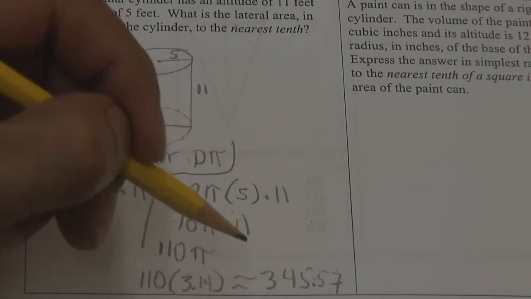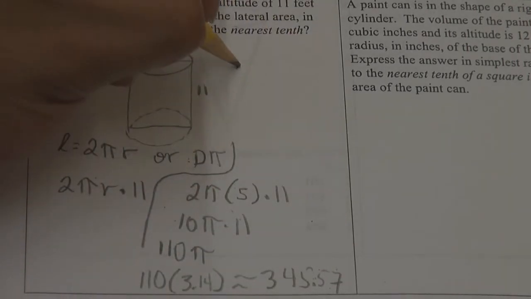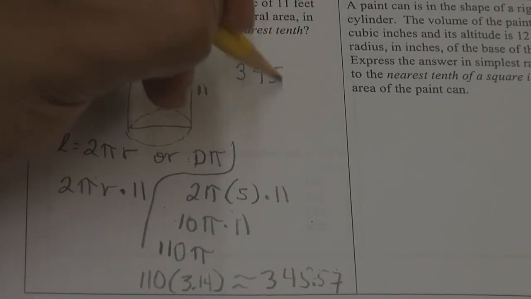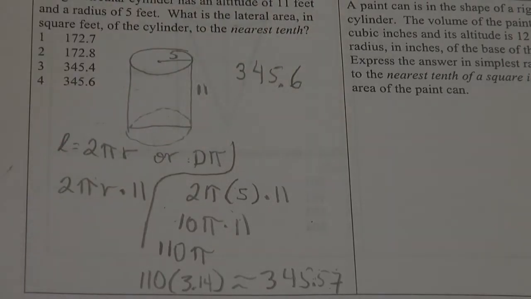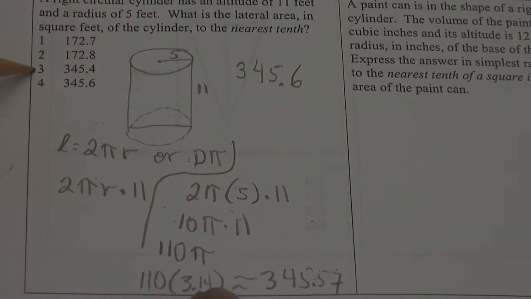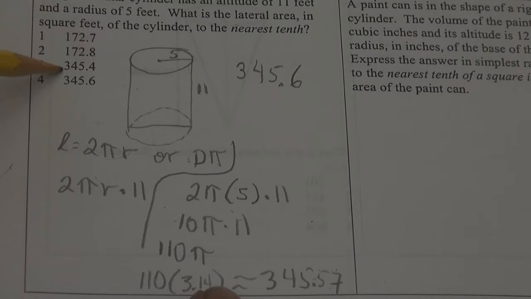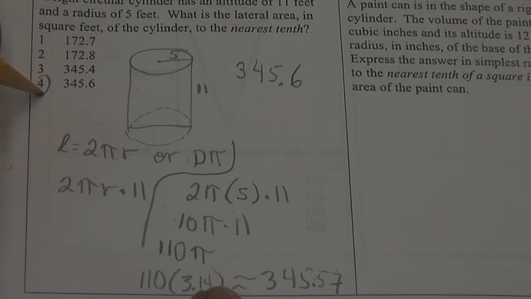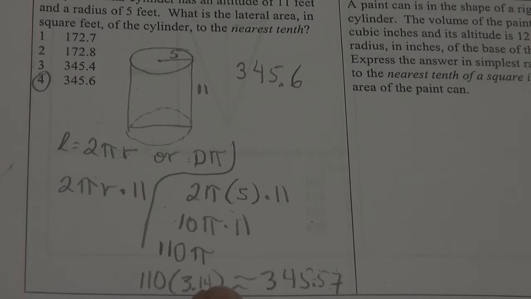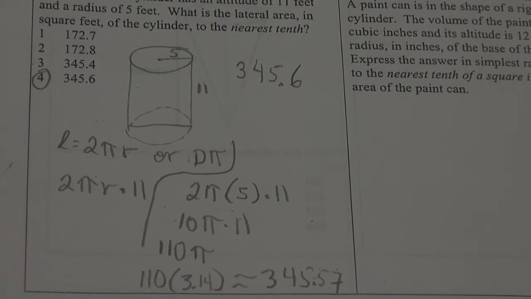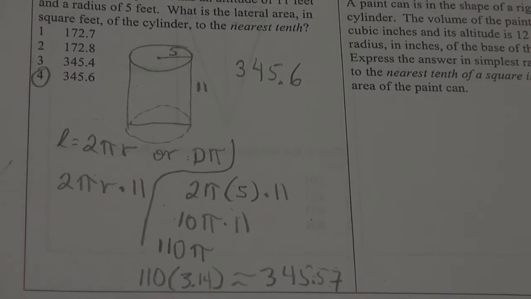So in reality, your answer is 345.6. Guess what? They give it to you right here. Choice number 3 is 345.4. Choice number 4 is 345.6. You have to know how to round in order to get the correct response. Get it? Good then. All right, let's go on to the next problem.